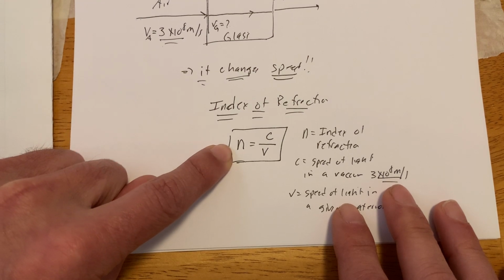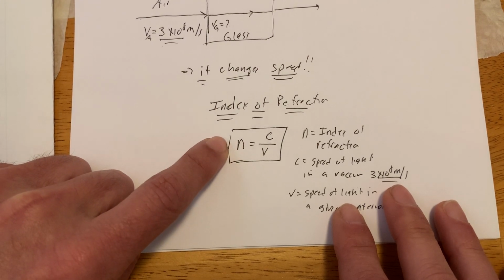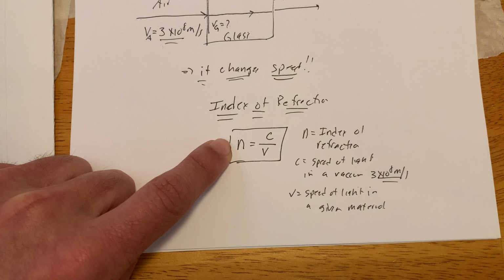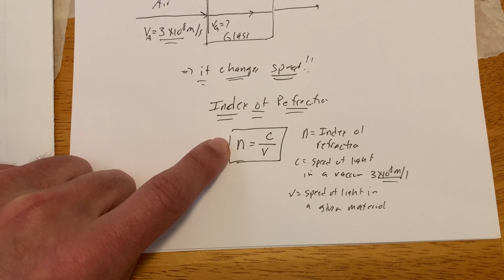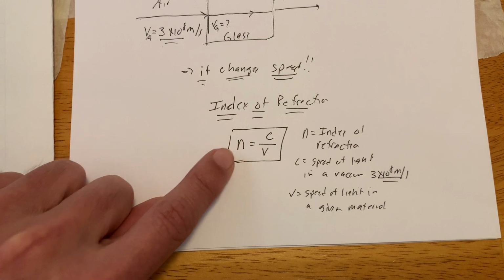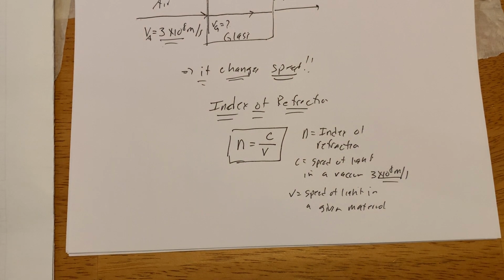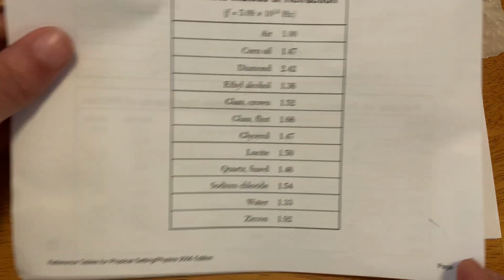This N value tells us how much slower light is traveling in a given material compared to a vacuum. Why is it describing how much slower? Because C, the speed of light at 3 times 10 to the 8th in a vacuum, is the fastest anything can travel. So the only thing that we can really have comparison to is how much slower it goes. Okay, so let's take a look at what that really means.